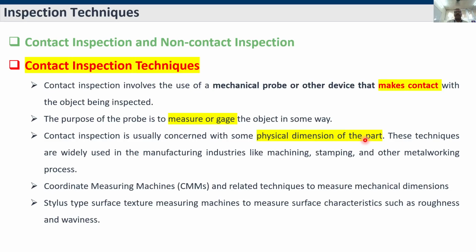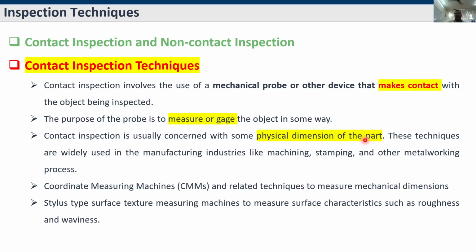For example, in gear making we use contact type inspection for dimensions. In a lathe turning operation, you measure the diameter of the workpiece. If you are making holes, you measure the hole diameter, the internal diameter. If you are making threads, you measure the thread. So mostly manufacturing industries use these measuring techniques.